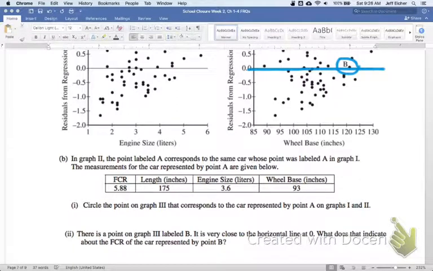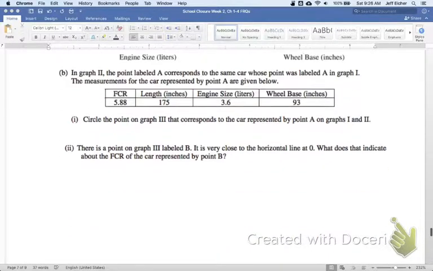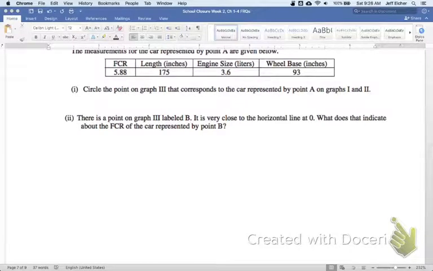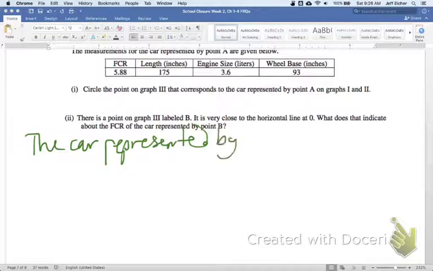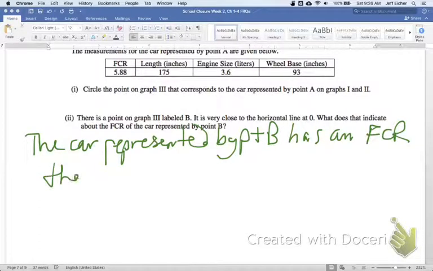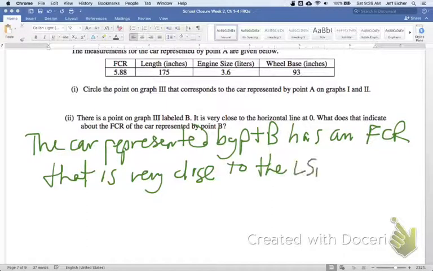So we'd want to say something like: the car represented by point B has an FCR that is very close to the least squares regression line using length.